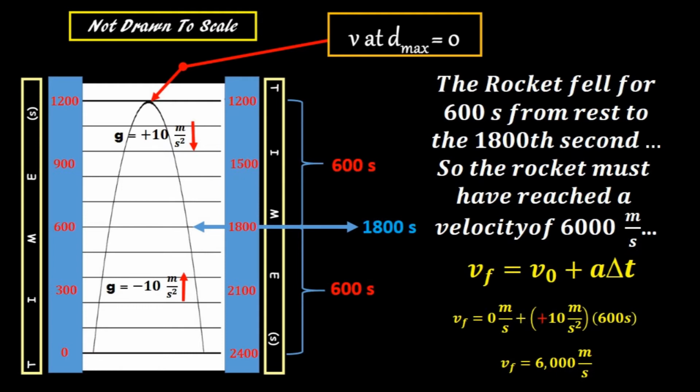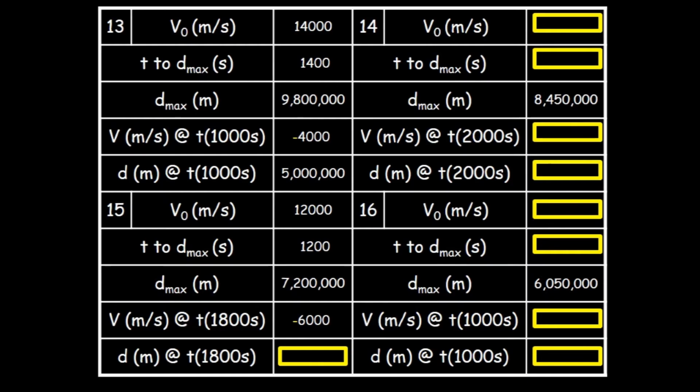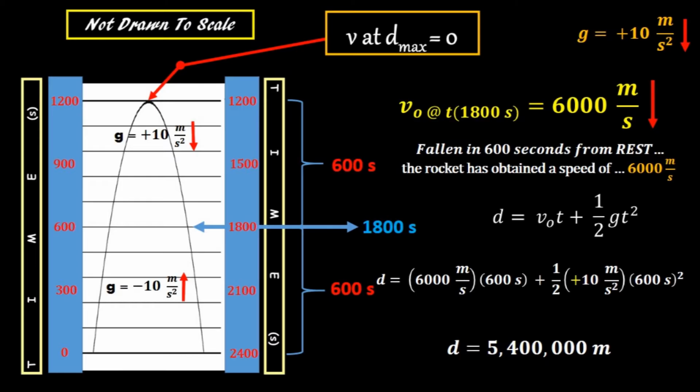You'll see that soon enough. Okay, here we have, again, the rocket fell for 600 seconds from rest. Okay, so next we're going to talk about the D at 1,800 seconds.